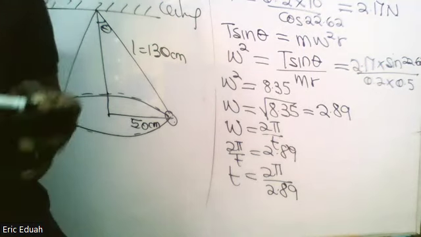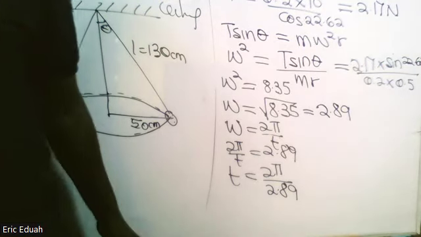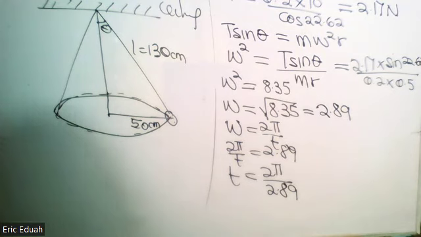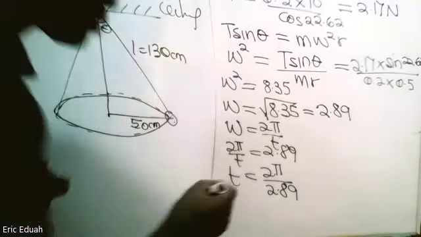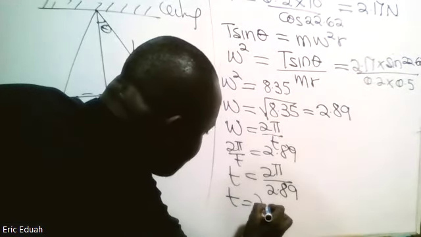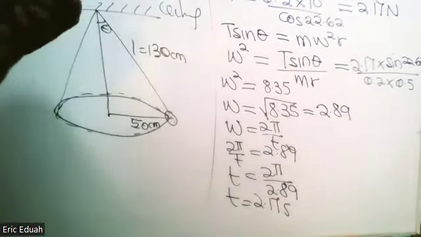So calculate it for me quickly. Pi is 3.142. So multiply 3.142 by 2, divide that by 2.89. We have 2.17 approximately that. So the period is 2.17 seconds. That's all.